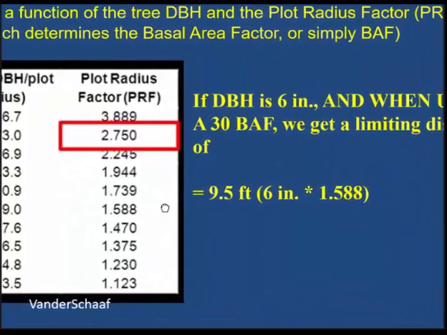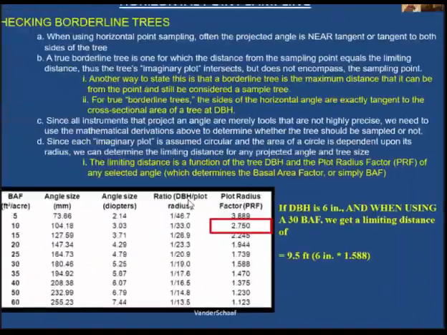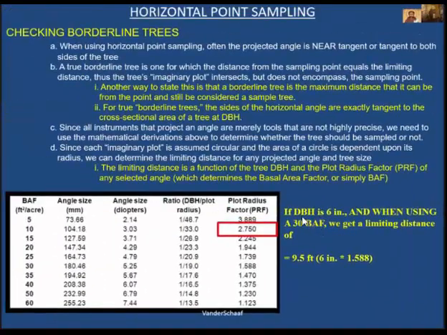So for instance, if a DBH is 6 inches, and let's say we're using a 30 BAF, with a corresponding plot radius factor of 1.588, the limiting distance is 6 times 1.588, which is 9.5 feet.